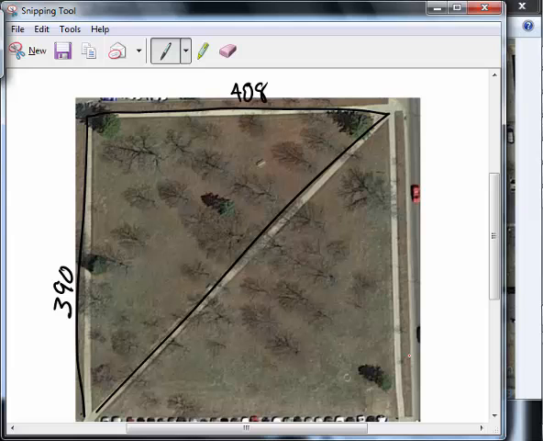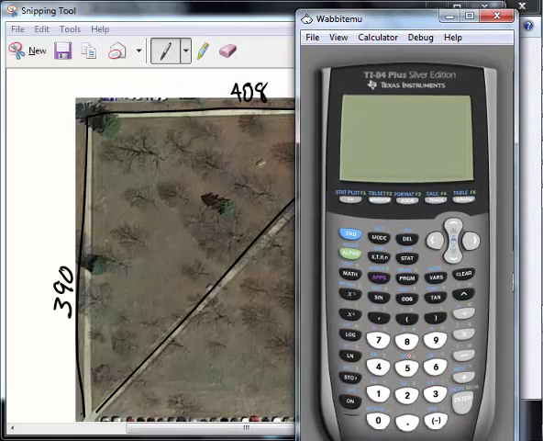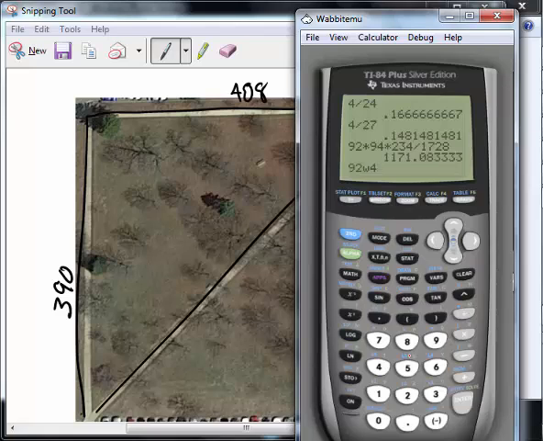And so if we take out our calculator, we can graph that and say the square root. So we have to press the square root key. Ooh, clear. Sorry about that.